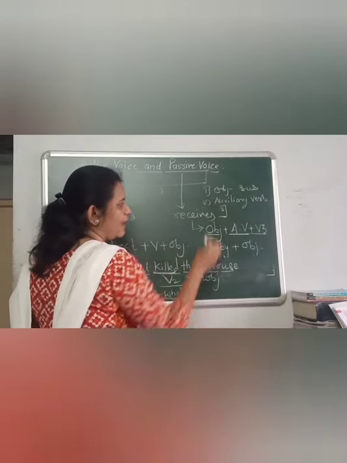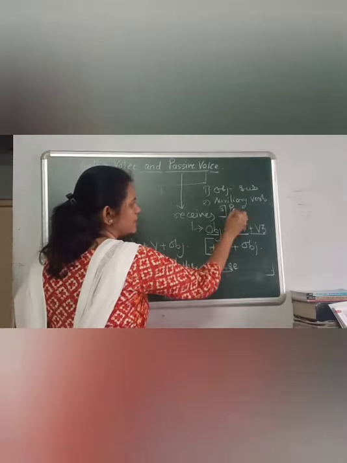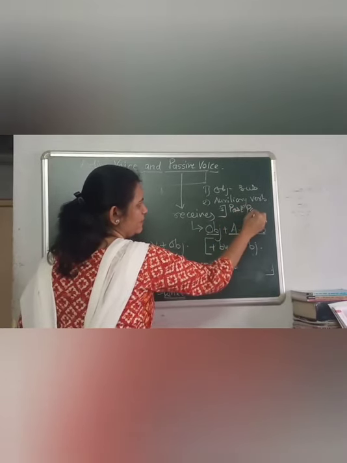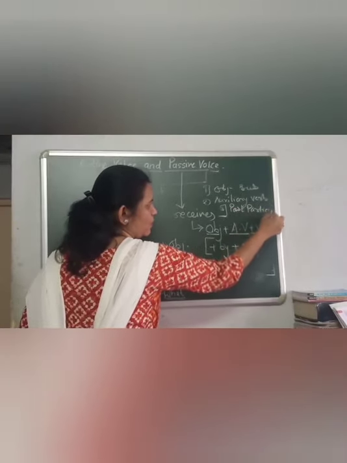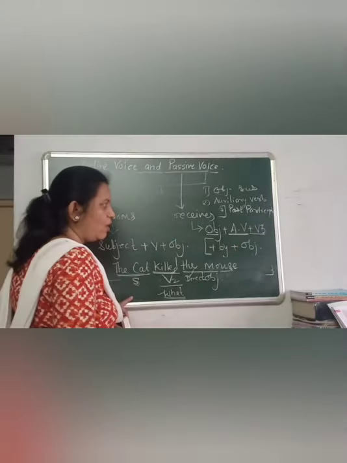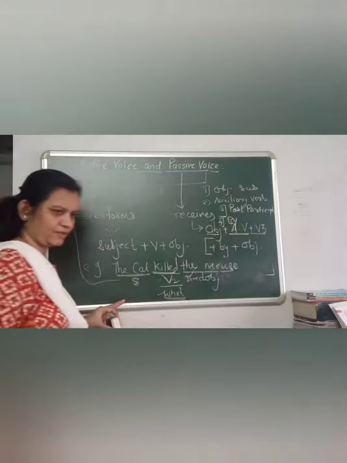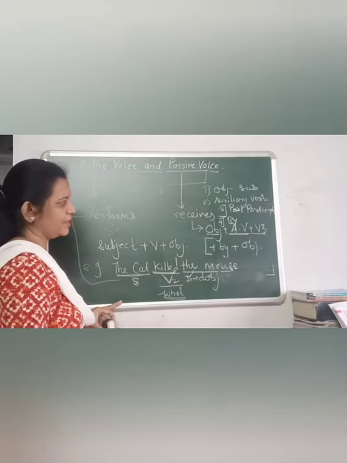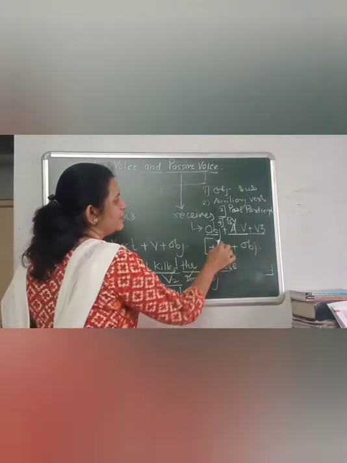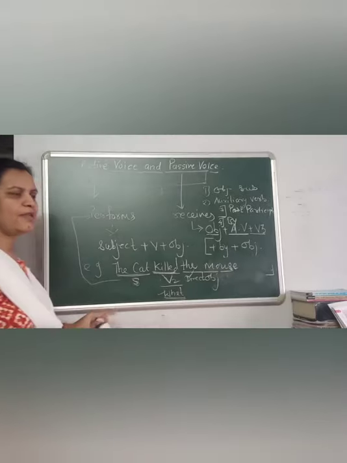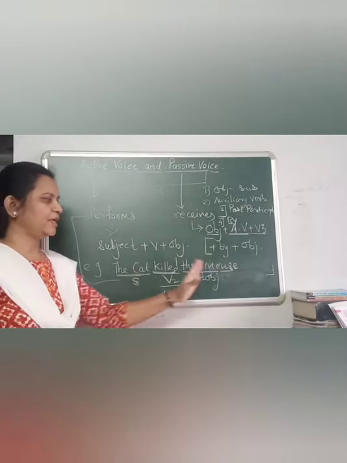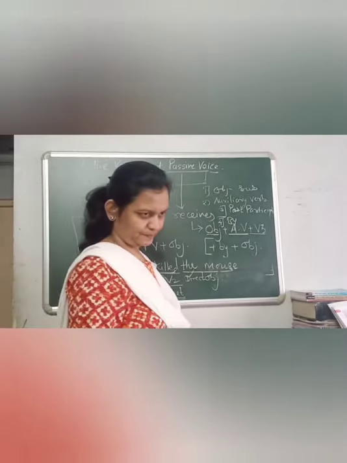Third, what is that? Use the past participle of verb. Fourth one, write down the preposition by. This preposition we have to use there. And the last one, fifth one, what is that? Convert the subject into the objective case.